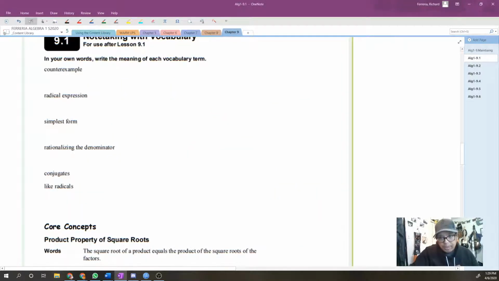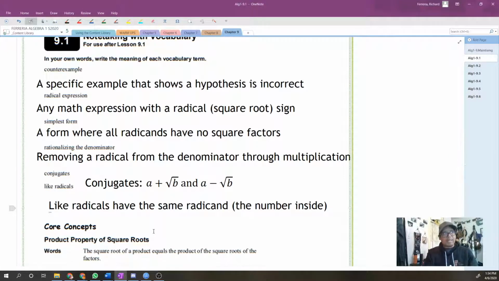We have a few definitions next, and we'll fill them out for you real quick. Here we go, nice and typed out. A counterexample is a specific example that shows that a hypothesis is incorrect. If a hypothesis is true, that means it works for every example, and even one counterexample means that the hypothesis is not correct.